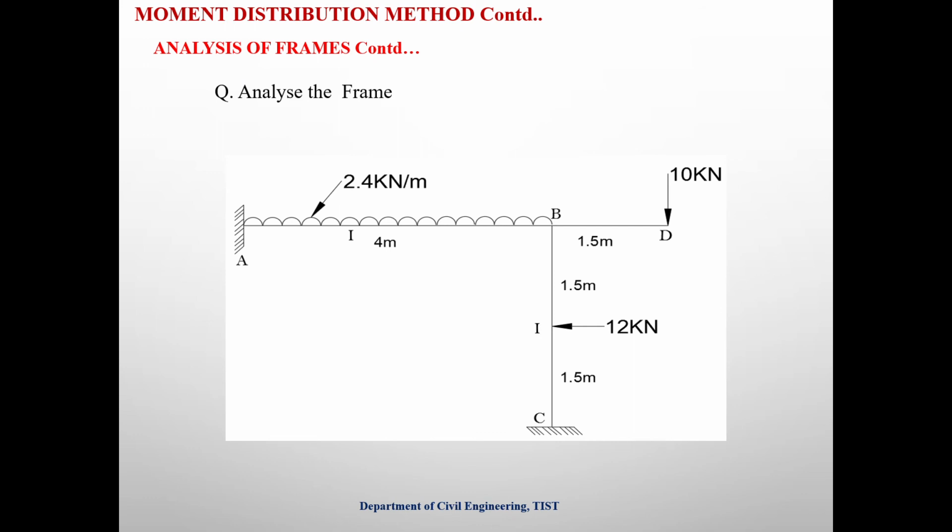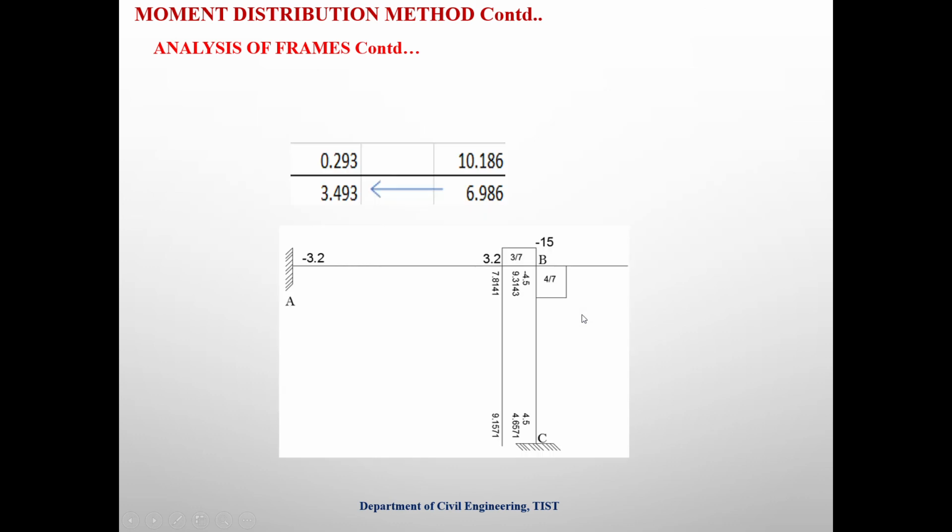Here, you have to analyze the frame by using the moment distribution method. As in the previous cases, we have to find out the distribution factor as well as the fixed end moments. When we consider the distribution factor, we have to neglect the overhanging portion. We have to find out only for BA and BC. Okay, then if there is any overhanging portion, the first step is to find out the overhanging moment there.